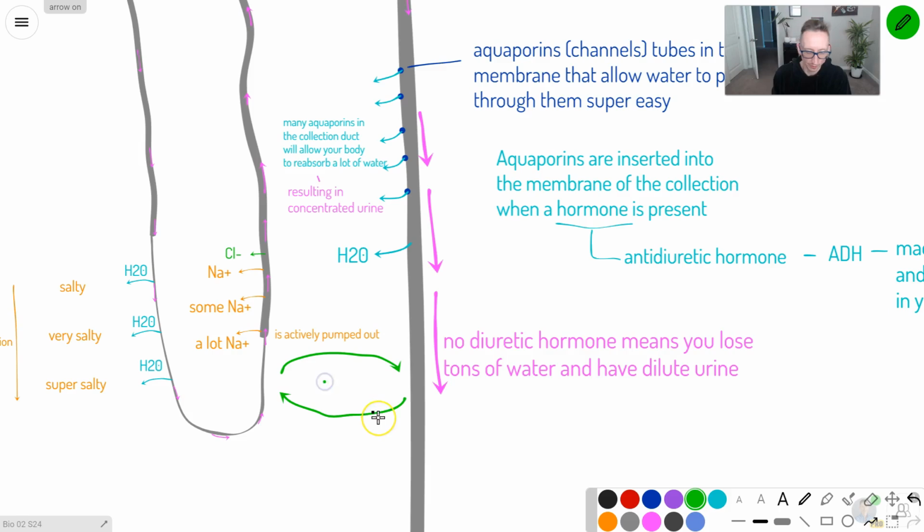And we get rid of the amount of urea that we need. Some is excreted, that we need to get rid of.